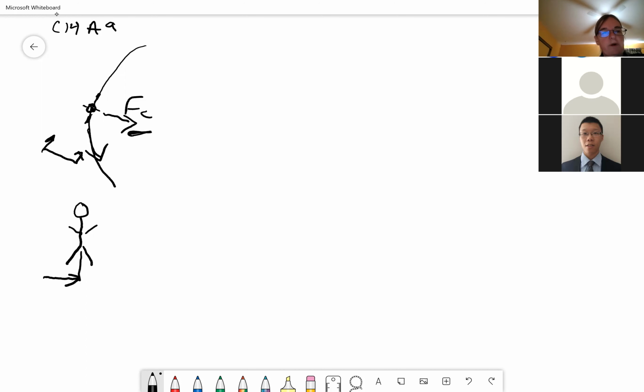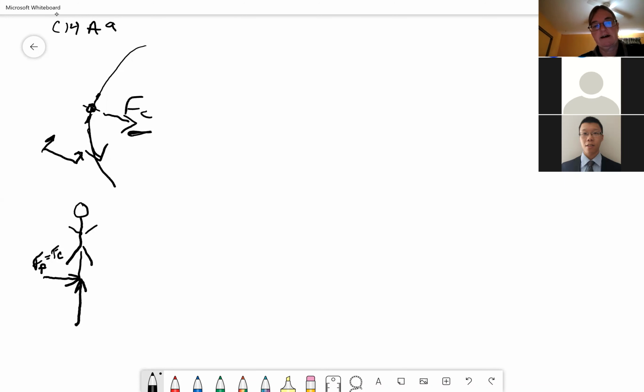At the same time, we have another force that is up. So this is the frictional force, which has to equal the centripetal force. They have to be the same or else you slide. Just saying, if there's not enough friction to do it, you'll slide out.